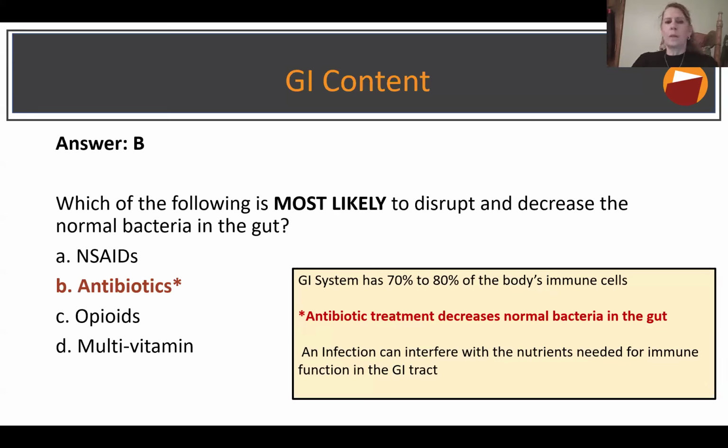And so an infection also can interfere with the nutrients needed for the immune function of the GI tract. So they've got this infection, they're on antibiotics, and now they've got some other GI complications or issues, and that kind of makes sense. Okay, so I'm going to launch the next poll.